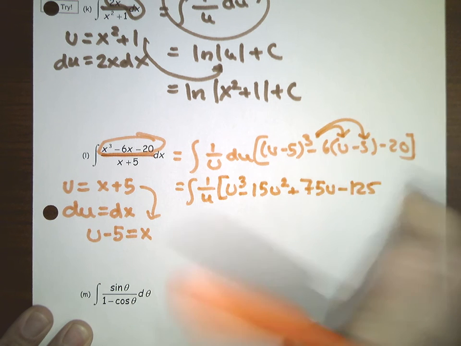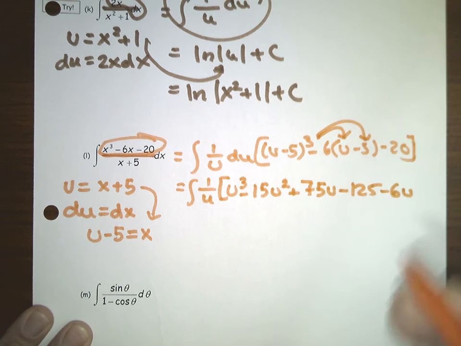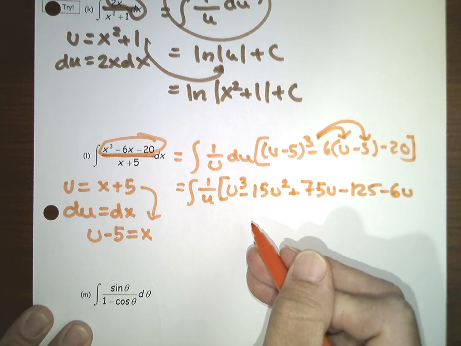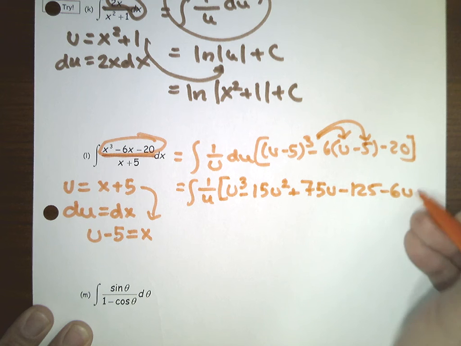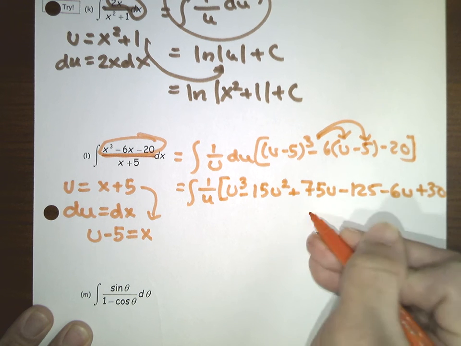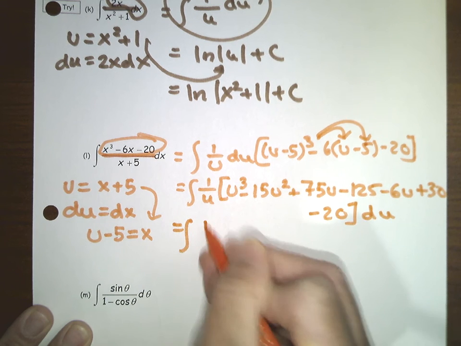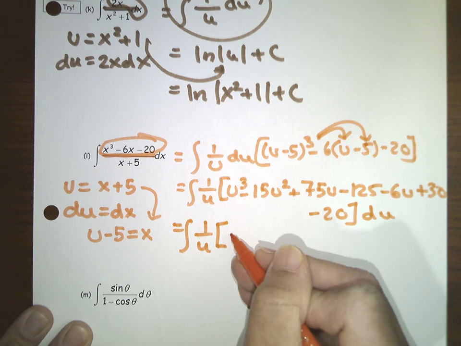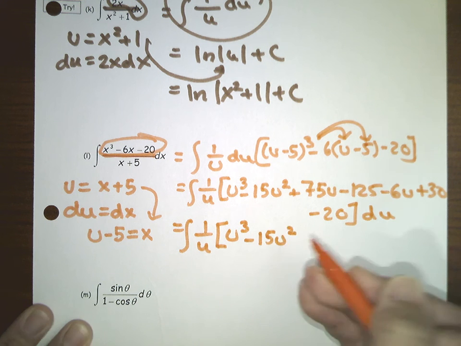Then I'll distribute the u here to get minus 6u, and that will be, what will that be? All right, negative 6 times negative 5, so plus 30, then minus 20, and then du. And then if I simplify, I have 1 over u times u to the third. Then we have minus 15u squared.